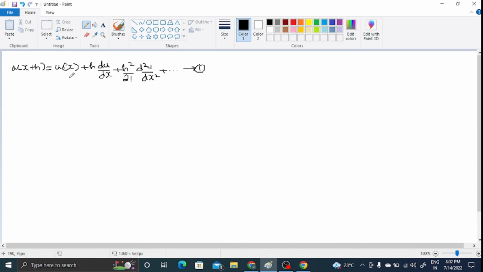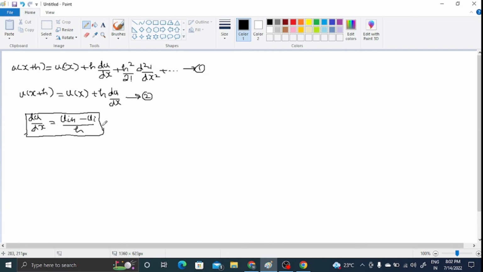From this we truncated the series after this point. So we have u of x plus h is equal to u of x plus h into du by dx. So this one is noted as equation number 2. From this equation we derive du by dx is equal to u i plus 1 minus ui divided by h. Okay, so this is forward difference approximation.